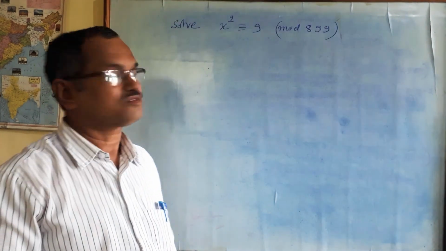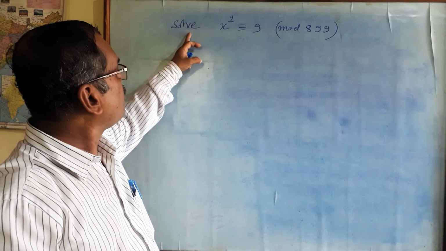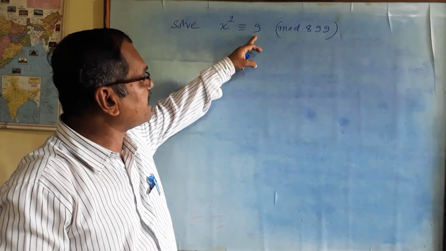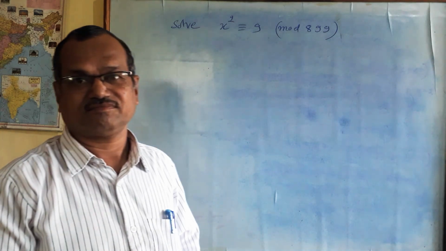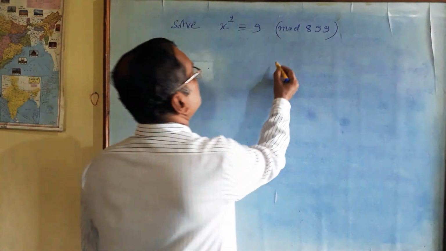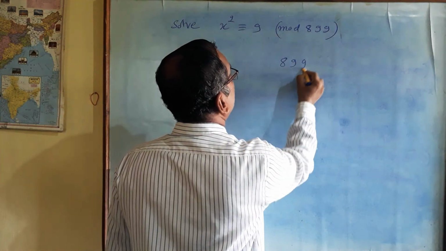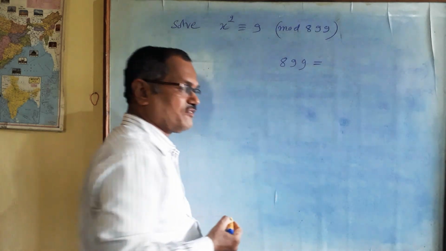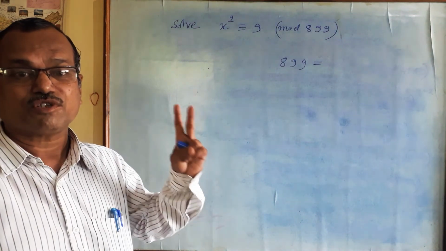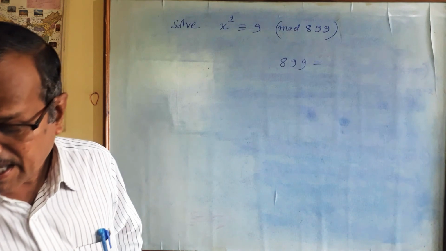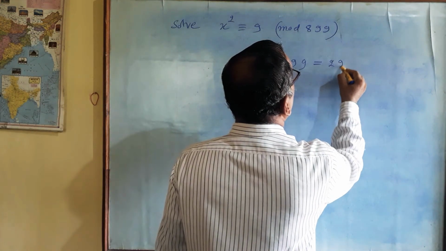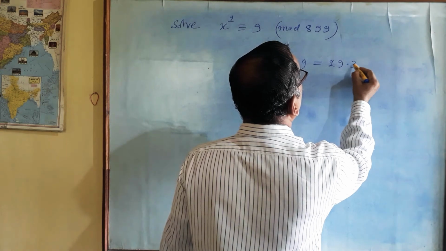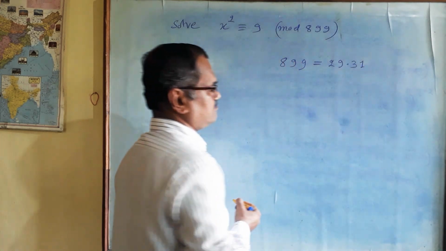Okay. Now solve x square congruent to 9 mod 899. This 899 can be factored as a product of two twin primes, 29 into 31.